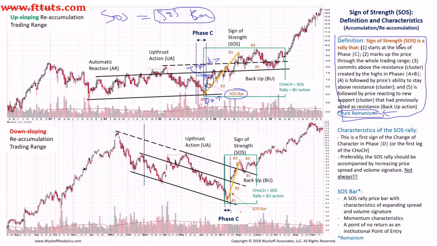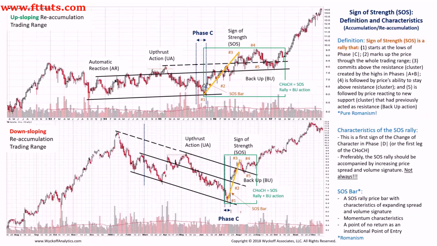A sign of strength rally definition is going to be a rally that travels off the lows in phase C throughout the whole range, that commits above the area of the resistance that was created by phases A and B. So we see that commitment right here.